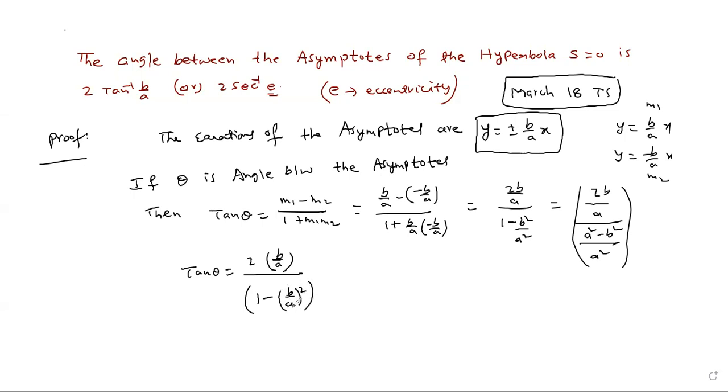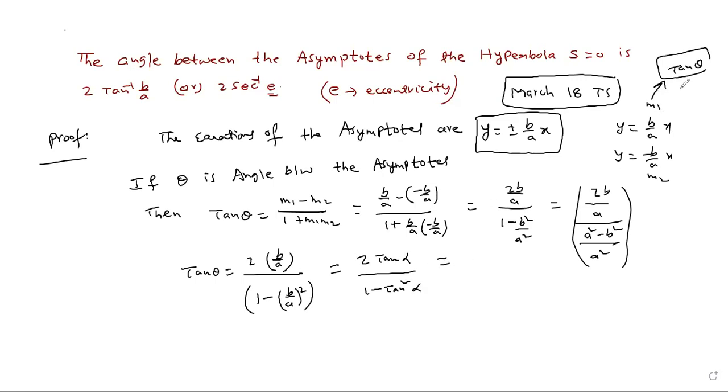Let's observe this. Look at how it generally looks. b by a is a slope, generally we take m as tan theta. So how does this look to us? It looks like 2 tan alpha by 1 minus tan square alpha.